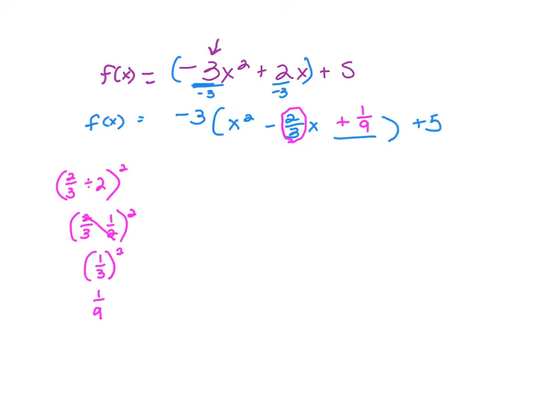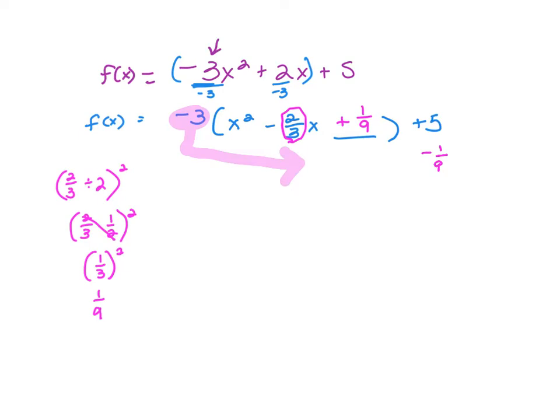So this is the other part that's different from before. If I didn't have anything on the front, then whatever I add inside the parentheses, I do what with outside? Subtract it. Normally, I would be subtracting 1/9 over here, right? But because I took out a -3, that -3 directly impacts what I'm adding to the other side, or subtracting from the other side.